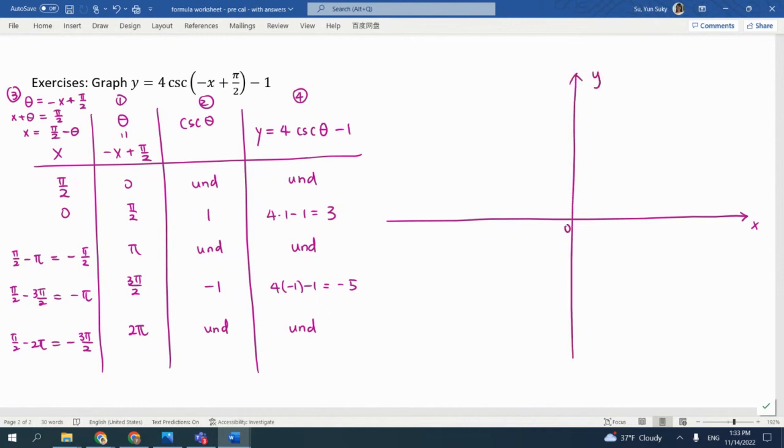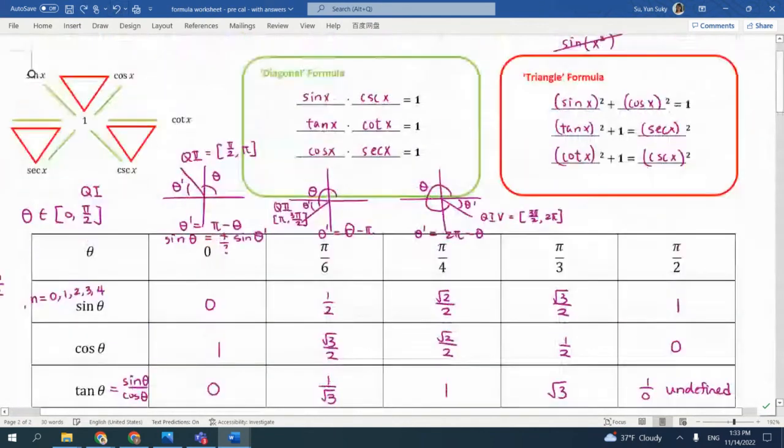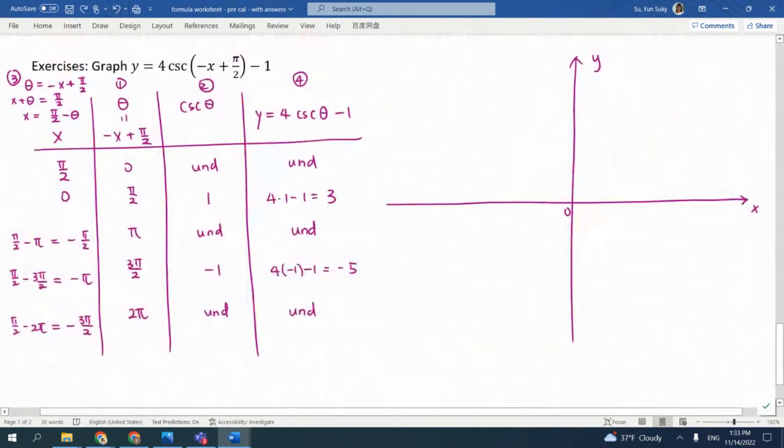Okay. Look at the x values. You see? Pi over 2. But this is the negative side. Negative 3 pi over 2. So, negative 2 pi here, and negative pi here, and negative 3 pi over 2 is here.